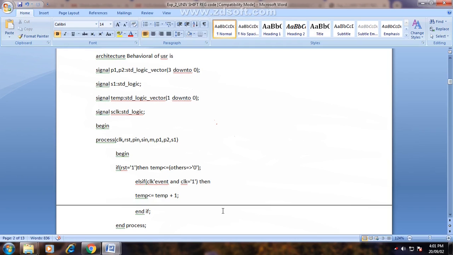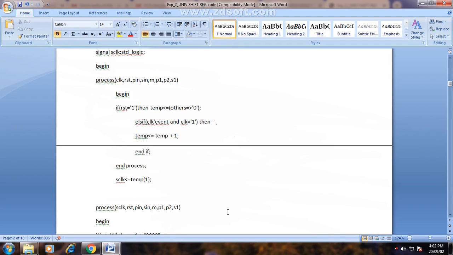For that purpose we have defined these two signals: one is temp and another one is S clock. Your clock will be slowed down by transferring the bit from temp of 0 to temp of 1 and so on, and whatever is the MSB of that temporary signal will be transferred to S clock. That will be explained in detail during the board implementation.